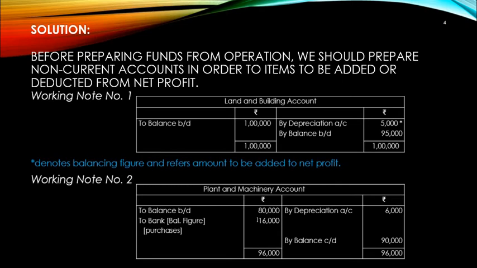So by depreciation 6,000, and the closing balance of plant and machinery is 90,000. The credit side is more, that is 96,000. So on the debit side, the figure is rupees 60,000, to bank account, which is the balancing figure known as purchases. This is working note number 2. So we are done with this.